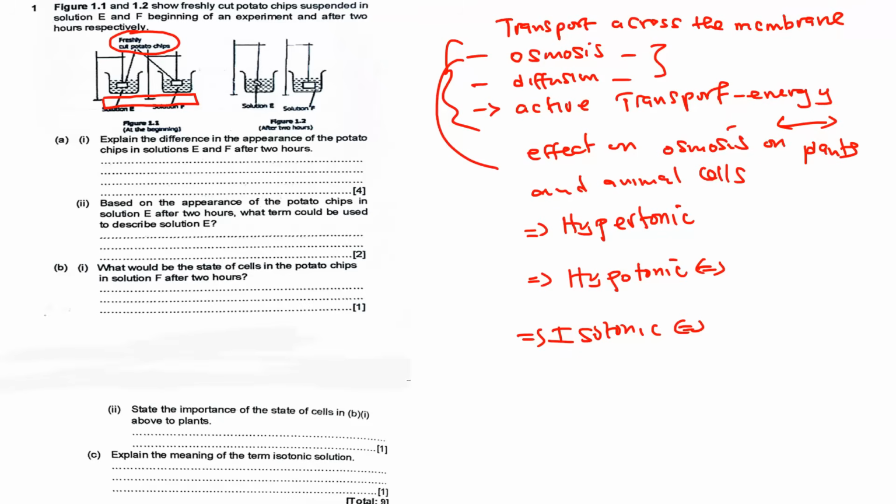So you can see the potato chip in solution E reduced in size. What is the reason? Could be due to loss of water by osmosis.